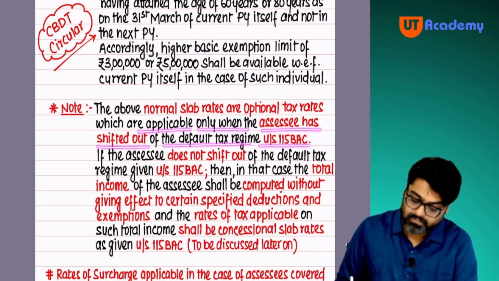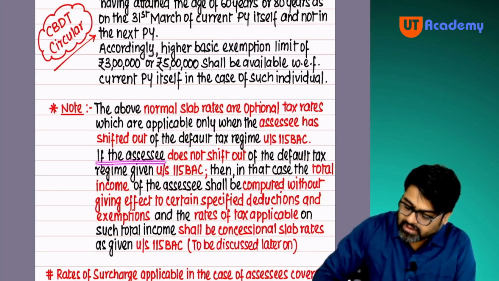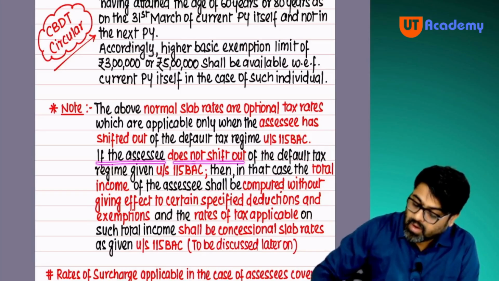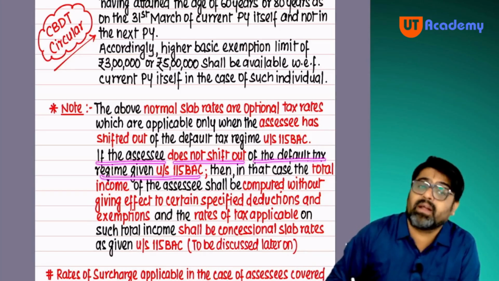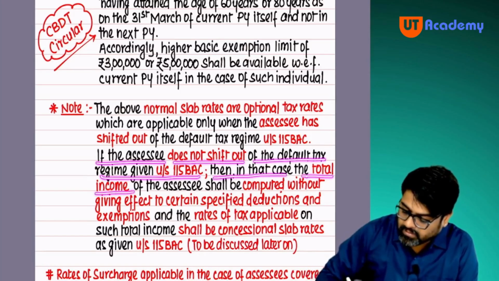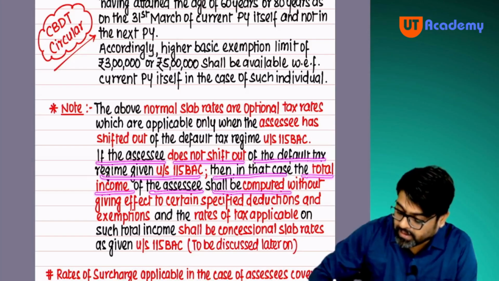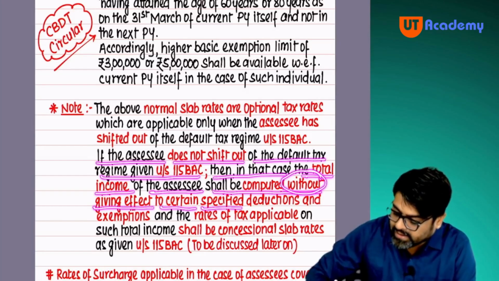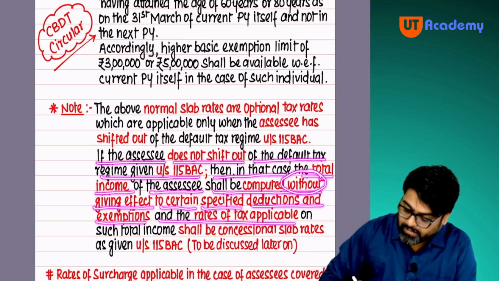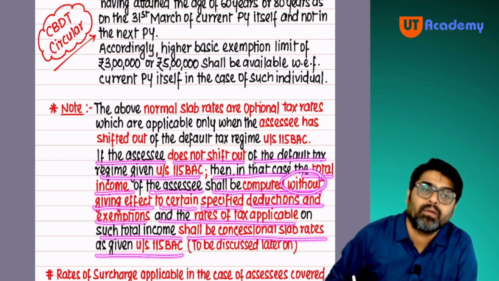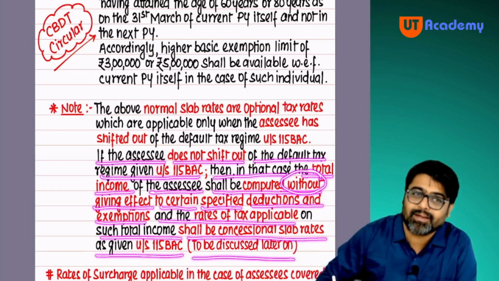If the assessee does not shift out of the default tax regime given under the section, then the total income of the assessee shall be computed without giving effect to certain specified deductions and exemptions, and the rates of tax applicable on such total income shall be concessional slab rates as given under the section. This entire thing is to be discussed.